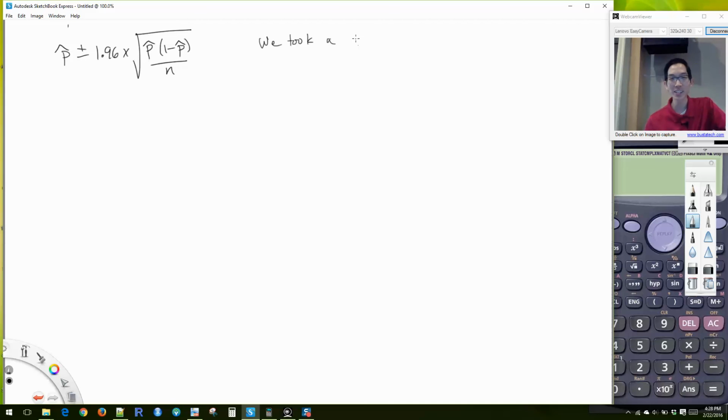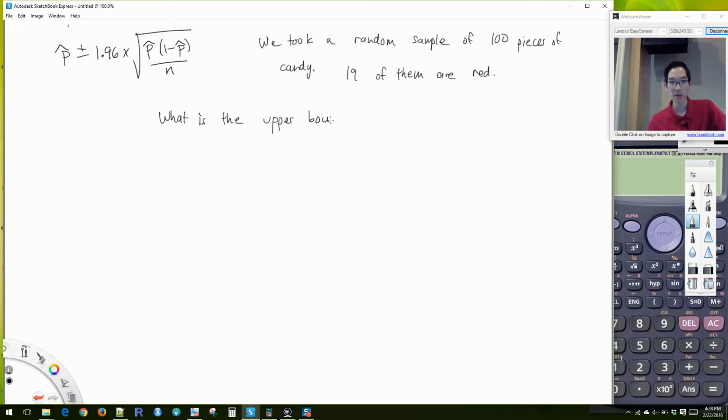We took a random sample of 100 pieces of candy. 19 of them are red. The question is, what is the upper bound of a 95% confidence interval?